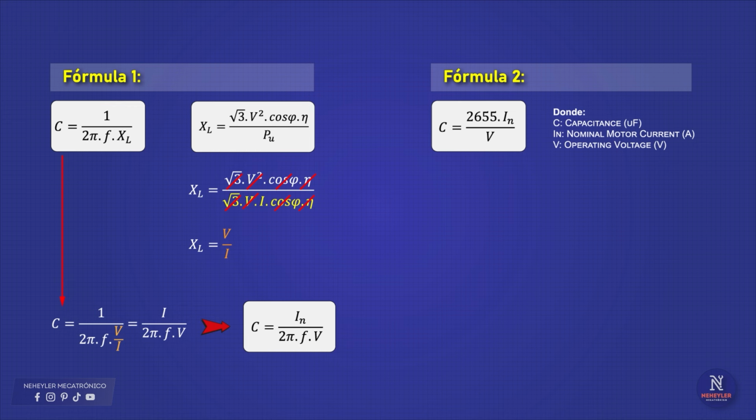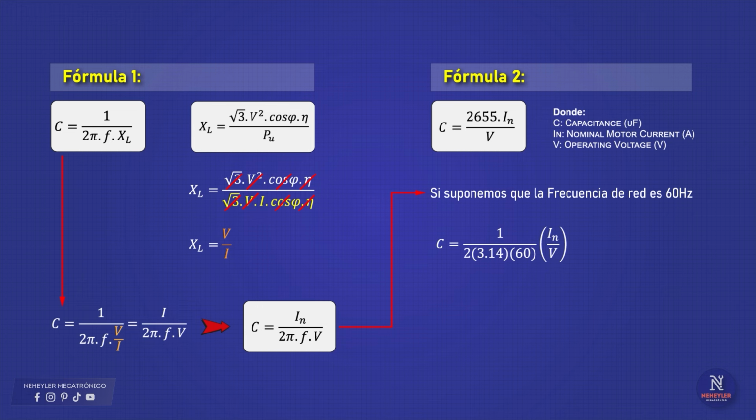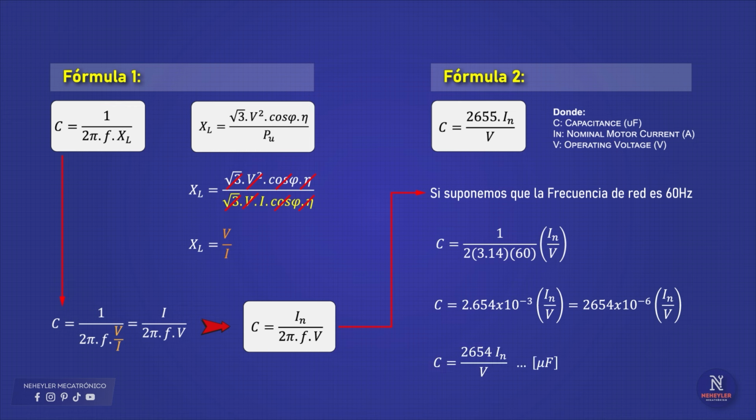Tell me if that formula has a resemblance to Formula 2. If we assume that the frequency of the grid is 60 Hz, and we put in its value of pi which is 3.14, then we get 2.654 times 10 raised to the minus 3, multiplied by the current divided by the voltage. If we move the decimal point to the right to obtain the subunit 10 to the minus 6 which is the micro, we finally obtain that the value of the capacitance is approximately 2654 times the nominal current divided by the voltage.